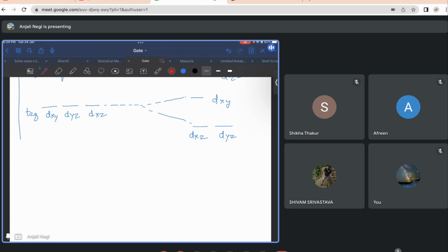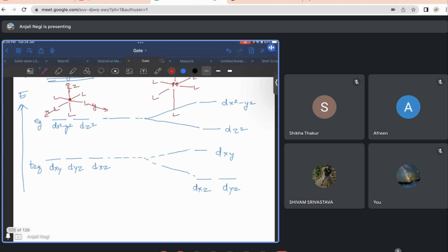Now again in the case of compression, what will happen is that there will be destabilization of the z component, and hence the z component d orbital will have higher energy, and that is why it will be in the reverse order.